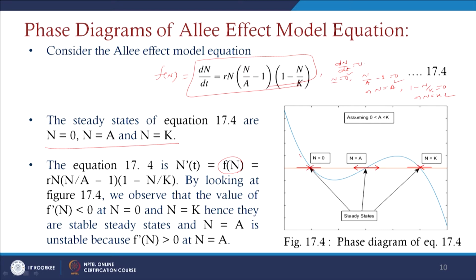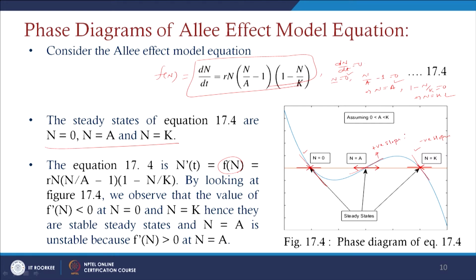If you put the slope at each of these points, you can find that at two of these points we have negative slopes, and at this point we have a positive slope.